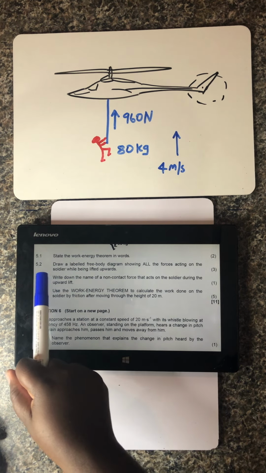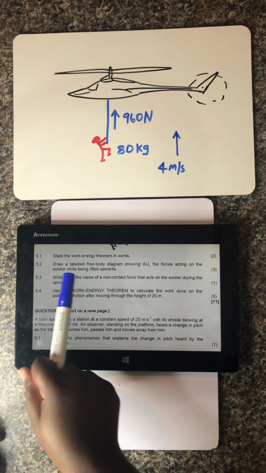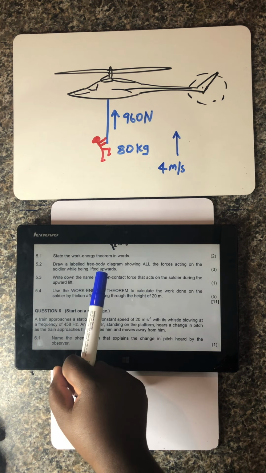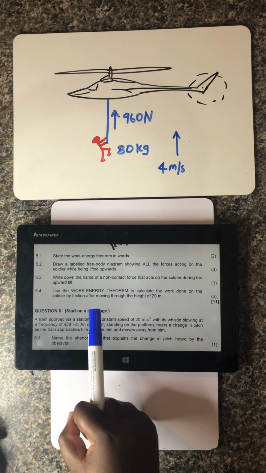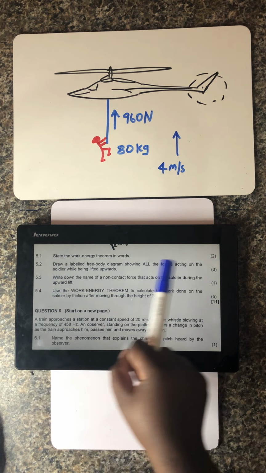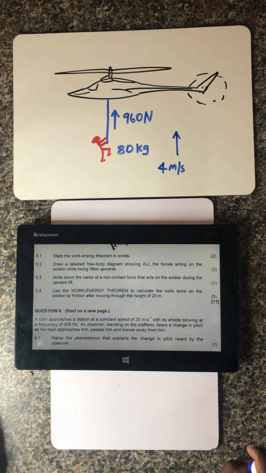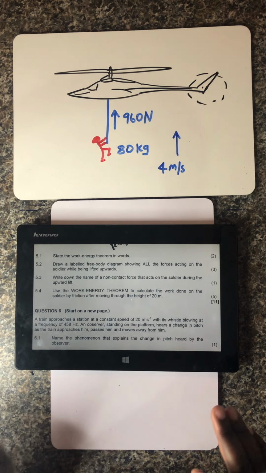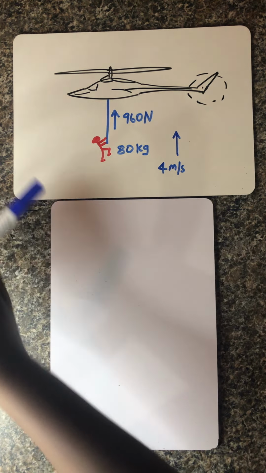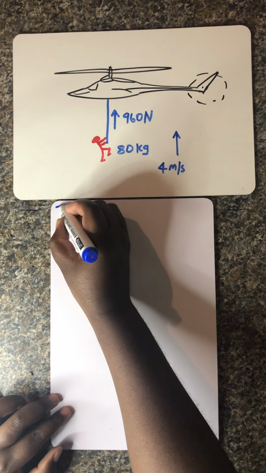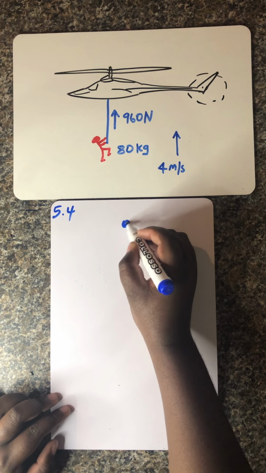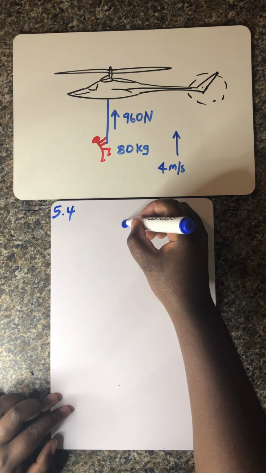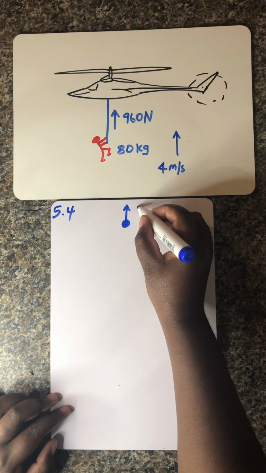Remember, on that 5.2, we drew a labeled free body diagram, okay? So it's in most cases where you need to refer back to that diagram that you drew, okay? So, ladies and gentlemen, please do allow me to quickly redraw that free body diagram because it serves as a guide for us in order to be able to visualize exactly what they want us to calculate.